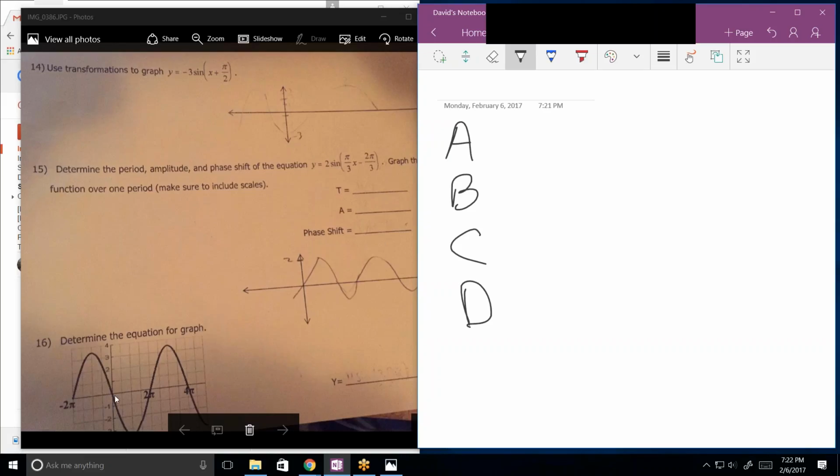Whenever that's the case, always use the no phase shift answer. Every single graph can be a sine or a cosine curve. The same graph can be both, it's just that one would have a phase shift. A lot of times you could use either one. The general rule of thumb is to use sine or cosine depending on which gives you the smallest phase shift.